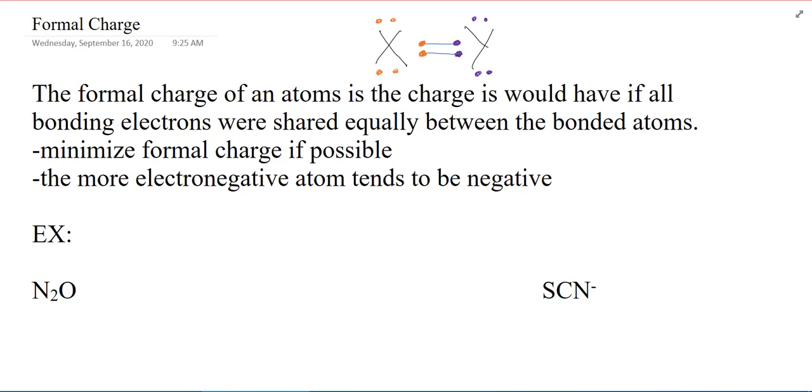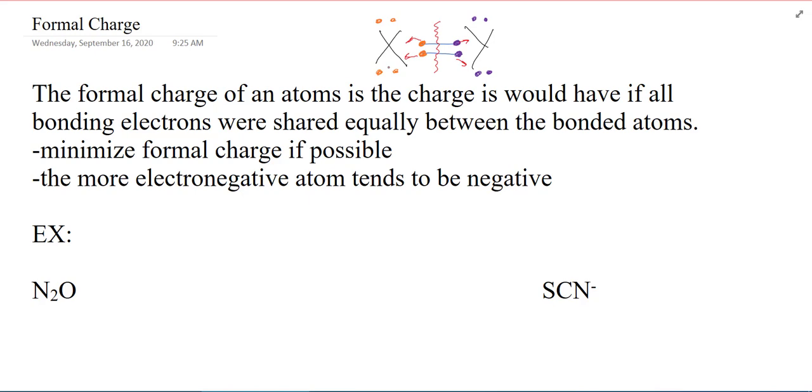What we're doing is we're going to break apart this bond. Again, we're not really breaking the bond. We're just going to show that the orange electrons go back to the X and the purple go to the Y. So that tells us now if X has 6 valence electrons, 1, 2, 3, 4, 5, 6, and it brought in 6 valence electrons, it would have no charge.